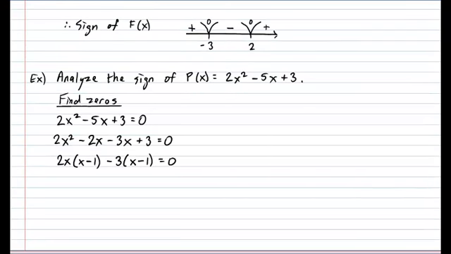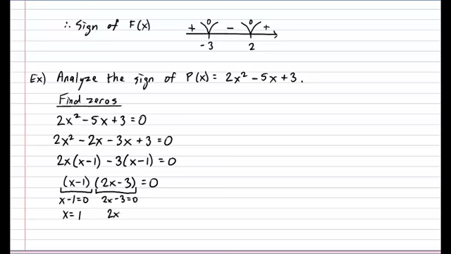And let's finish it off with our common factor technique. x minus 1 and the leftovers 2x minus 3 equals 0. And solving for each bracket, we should find that one of the solutions is x equals 1 and the other solution should be x equals 1.5. So, those are the two zeros.